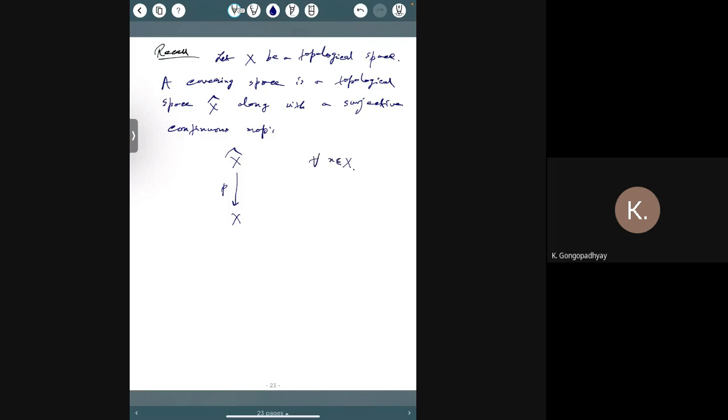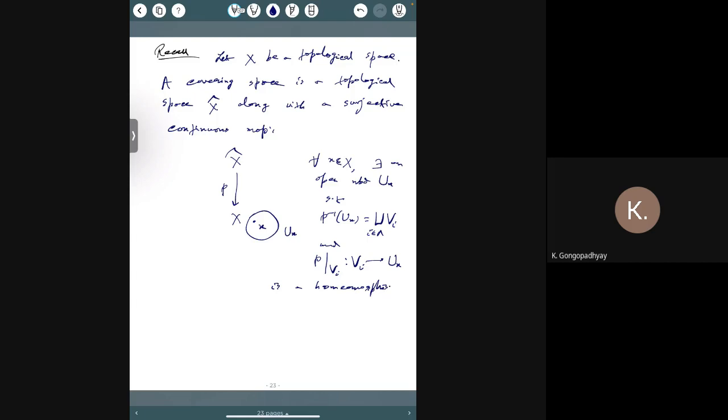These have the following property: for every point x in X, there exists an open neighborhood Ux such that P inverse of Ux is a disjoint union of open sets V_i, i in some index set Lambda, and P restricted to each of the V_i is a homeomorphism.